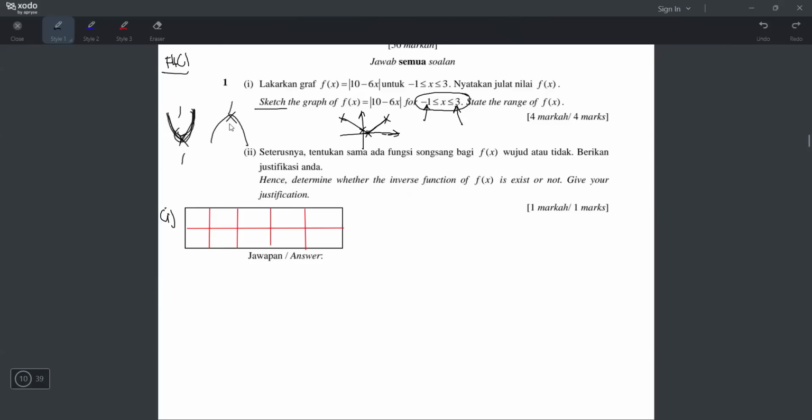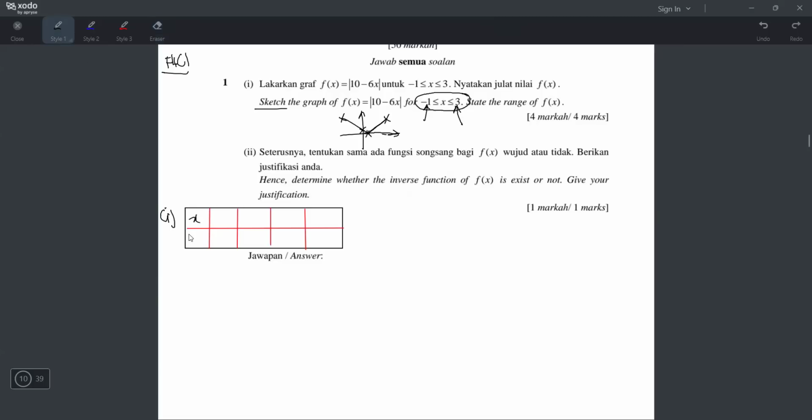Why do you need to find this point? Because you want to know whether your axis of symmetry is on the left side or the right side of the y-axis. But this question doesn't need that, because it is not quadratic. It's just a straight line. For a straight line, there is no turning point, no minimum or maximum point.